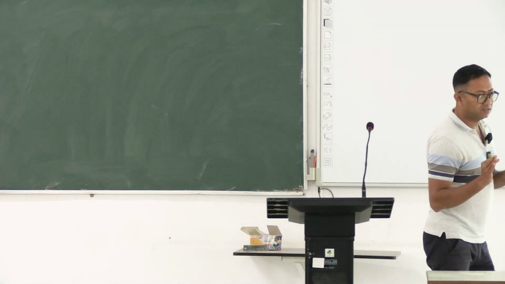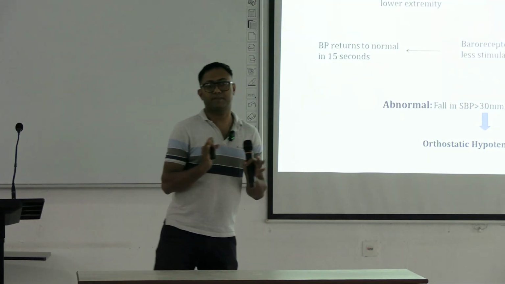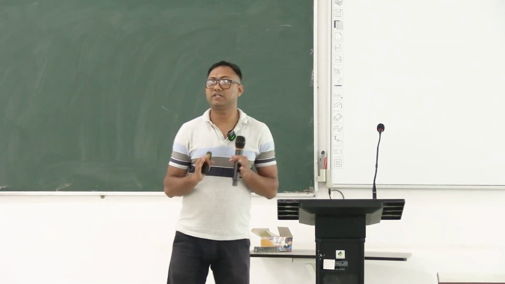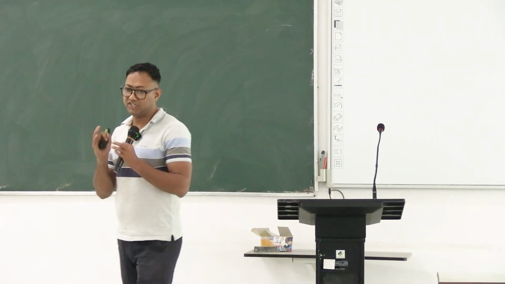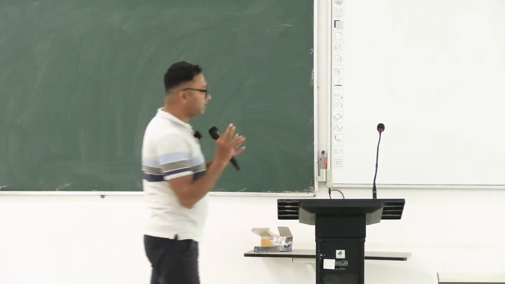But if you find an abnormal fall of systolic blood pressure by more than 30 millimeter of mercury and of diastolic blood pressure by more than 10 millimeter of mercury, this is definitely abnormal, and we call it orthostatic hypotension. It is definitely a problem in the sympathetic system, because the baroreceptor works through the sympathetic system.